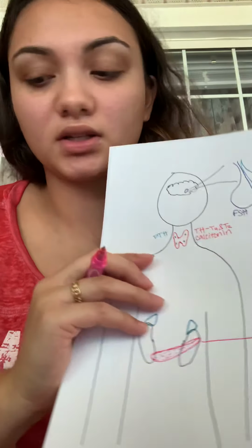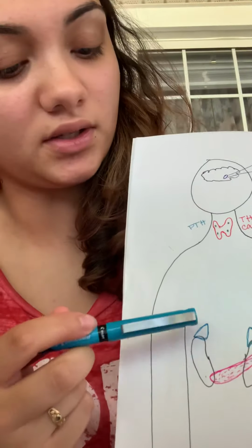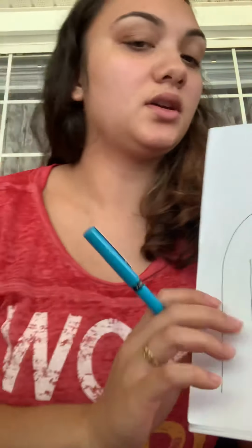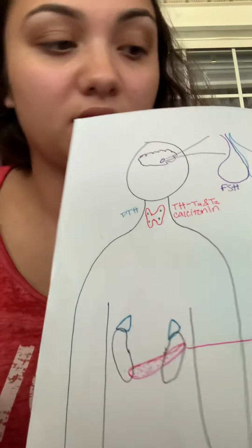The next gland I had to point out is the adrenal gland, which is on top of the kidneys right there. I had to name two hormones for that one. The adrenal cortex has layers, and I named out two layers.